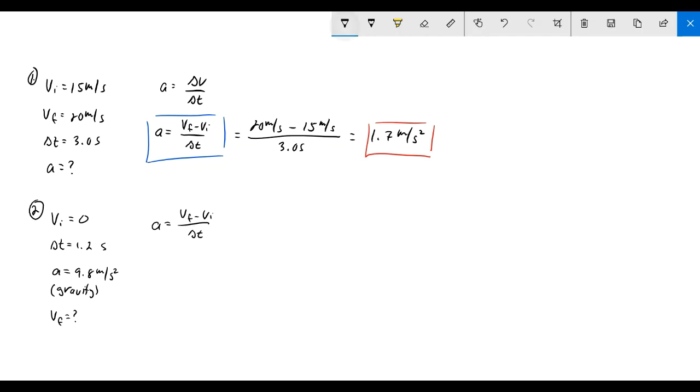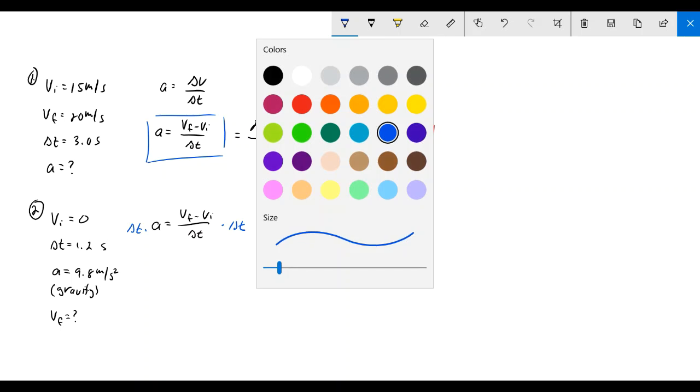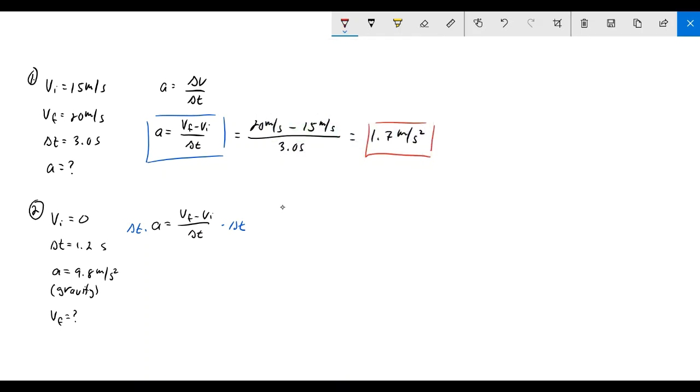I'm going to multiply both sides by delta t. And you can see that by doing that, the delta t's cancel. If I rewrite this equation, I've got a times delta t equals vf minus vi.